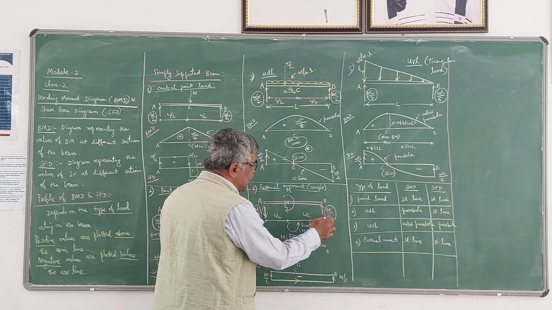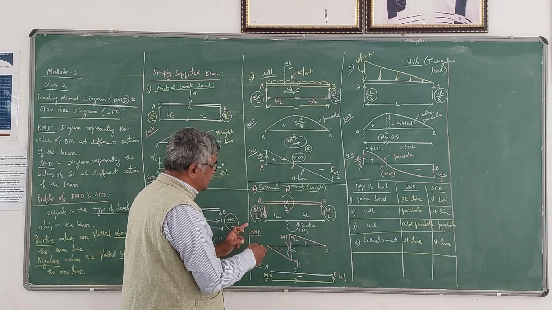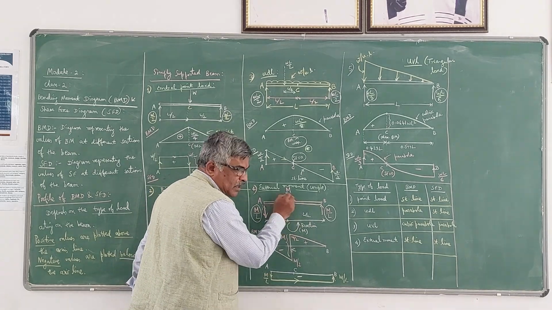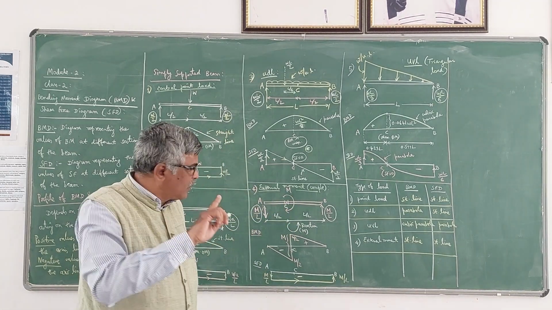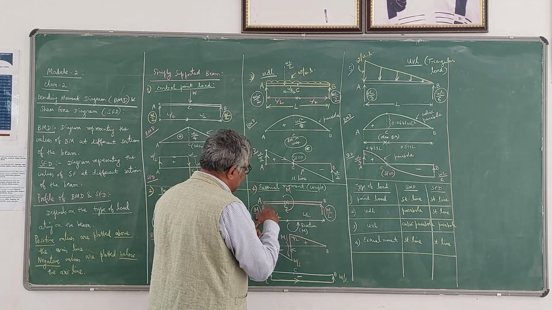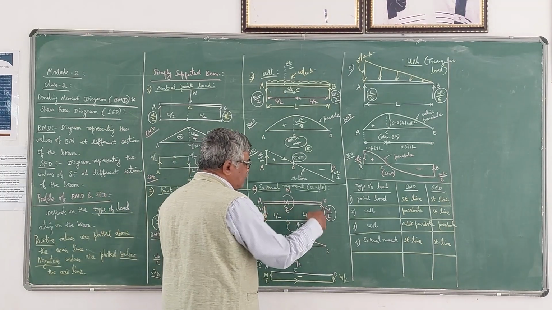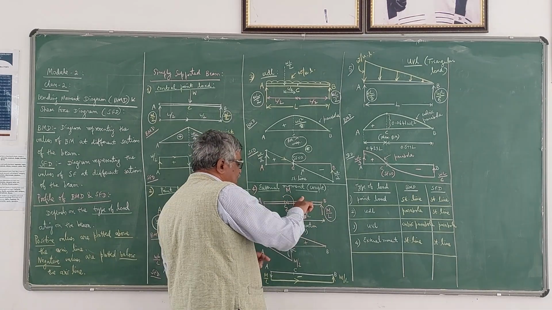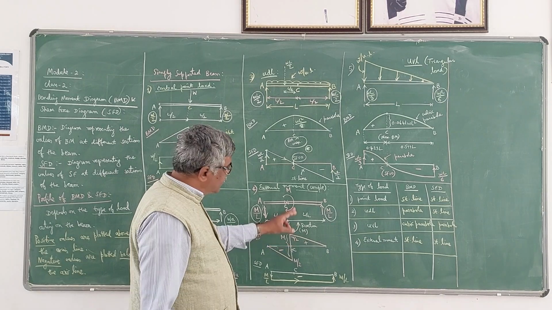They are numerically equal but act in opposite directions. He has given a clockwise couple here, so the reaction should be anti-clockwise. If you take these two reactions, downwards here and upwards here, these two will form a couple in the anti-clockwise direction. So this is why I have to take it this way.